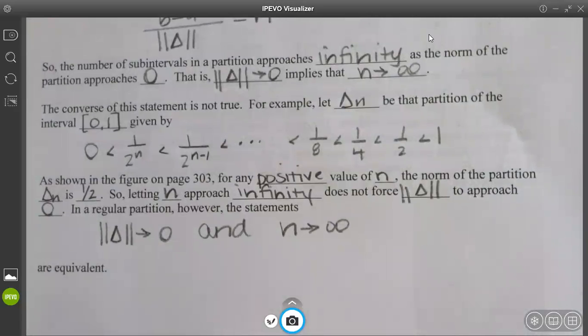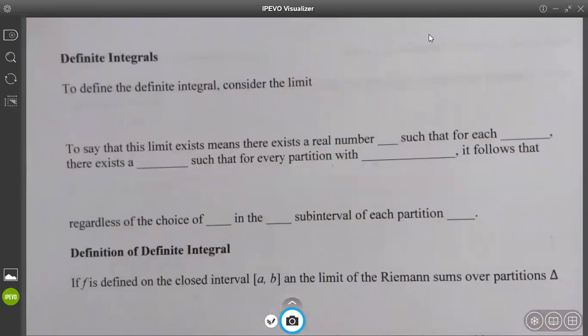Very good. All right, definite integrals.